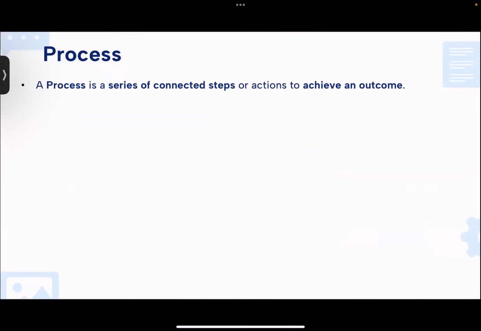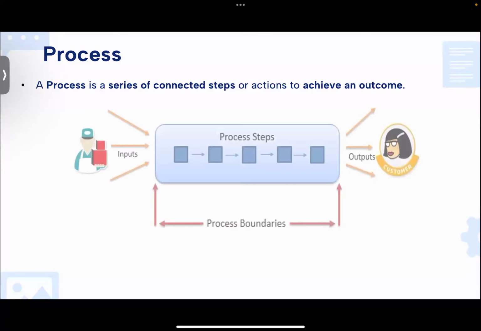Basically, we can identify a process as a series of connected steps or actions to achieve an outcome. For example, if we consider an organization, we can identify various processes. We can consider the organization as one whole single process, and in each and every activity also we can identify a process.